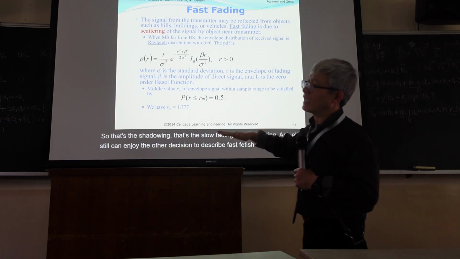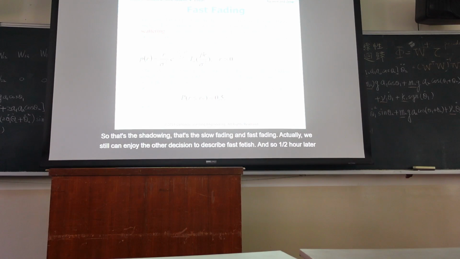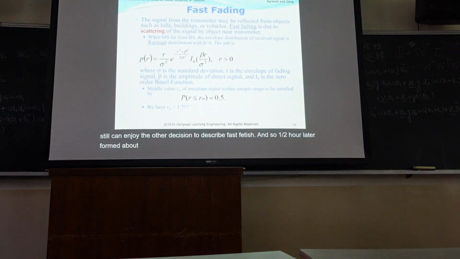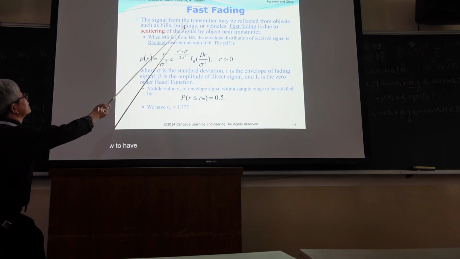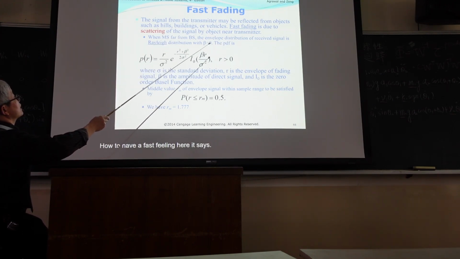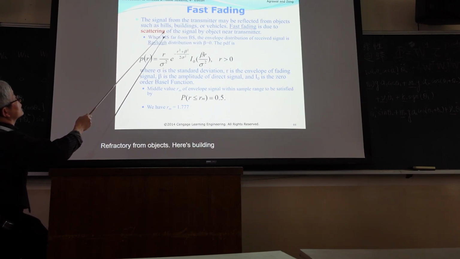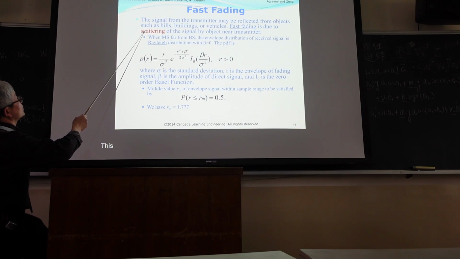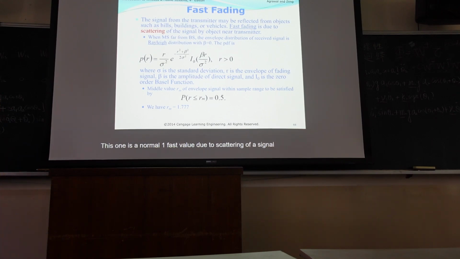We will have the formula later, even though it is complicated, but we check how to get a fast value. Here it says: reflected from objects, hills, buildings, vehicles, and this one is a normal one. Fast value is due to scattering of a signal by objects near the transmitter.